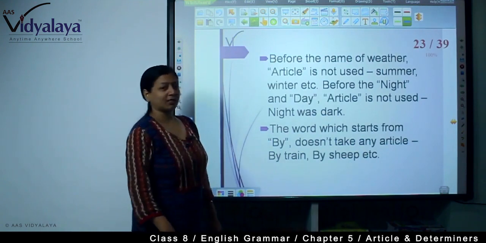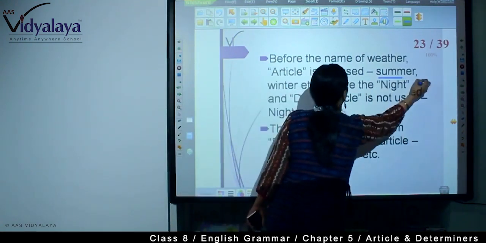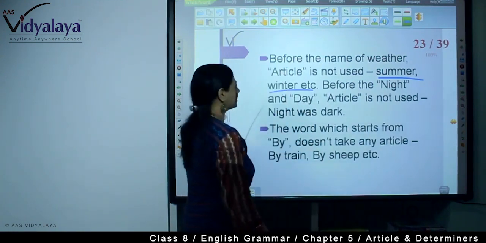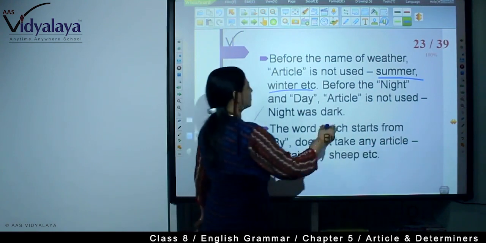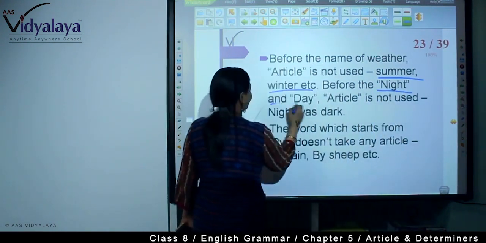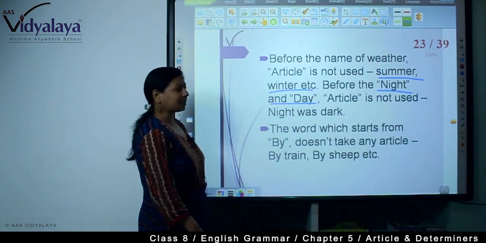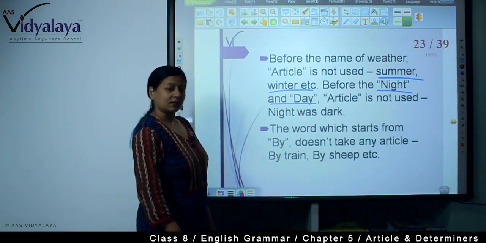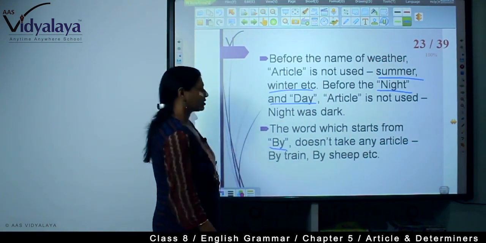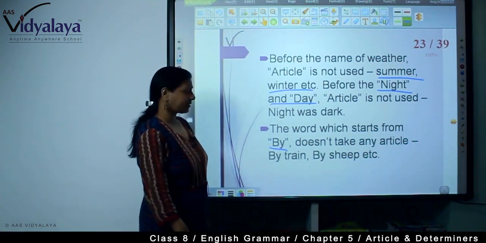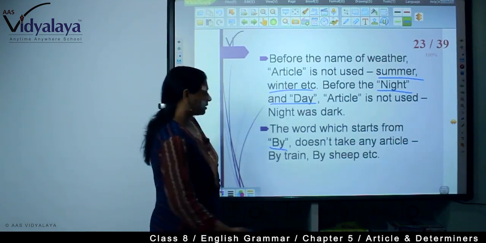Article is not used before the name of weather. For example, summer, winter. Before day and night, article is not used. For example, night was dark. The word which starts with by does not take any article. By train, by ship.